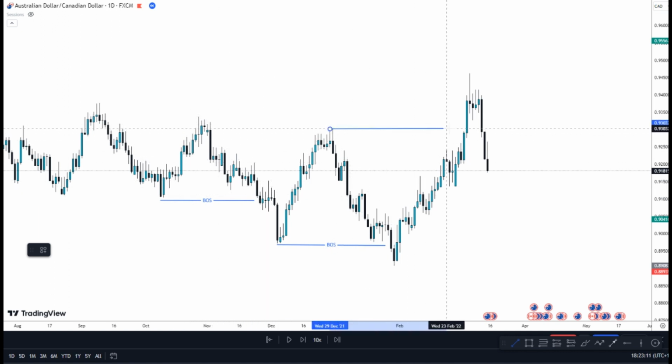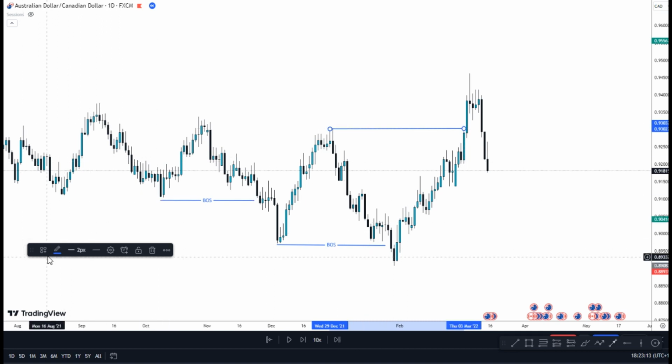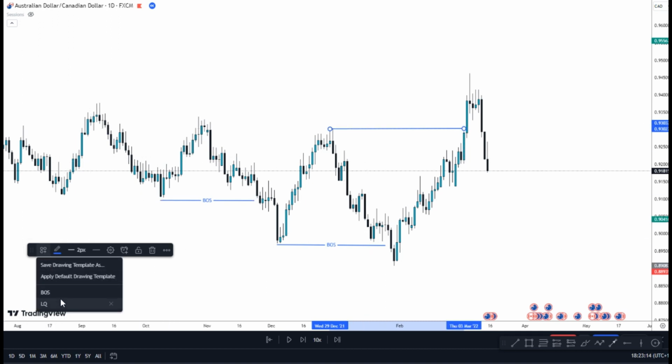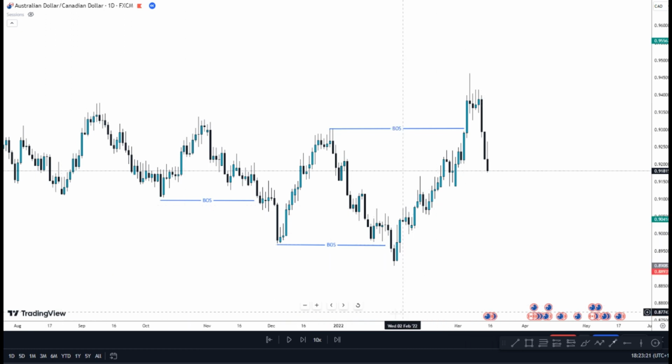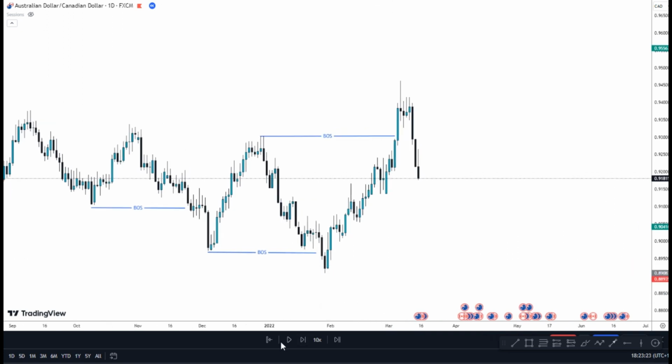We'll mark here as a change of character, the point that price changed trend. We'll mark it as a break of structure because after the break of structure, price changed trend to an uptrend. Keep playing price further to read the price action, and you can see it met our rules, having a full candle closed above the previous high.